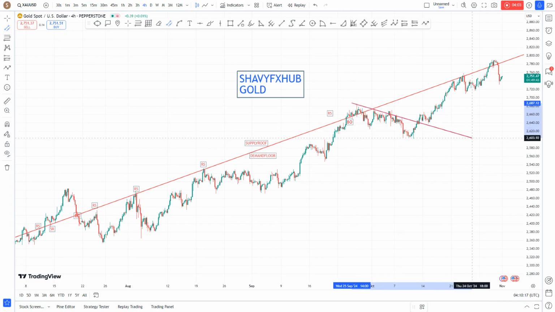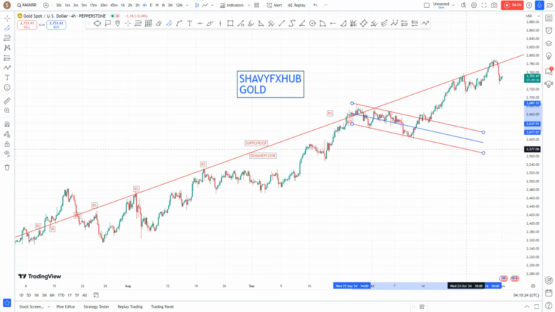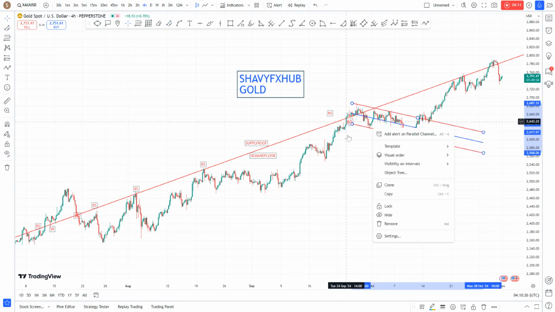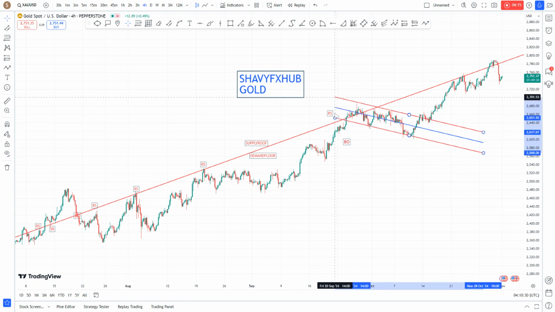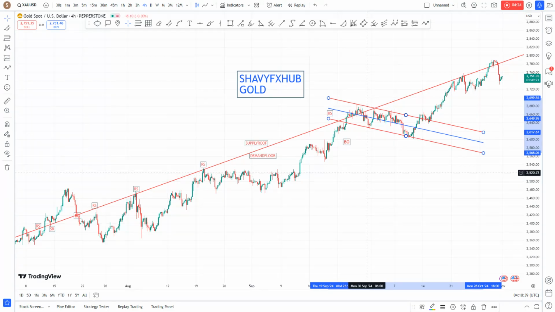You can see the channel, and you see the breakout where we have the roof and the floor. The market played actively, giving you the roof and the floor. Every time price touches the roof, it's a sell, and when price touches the floor, it's a buy. It's a consolidation.